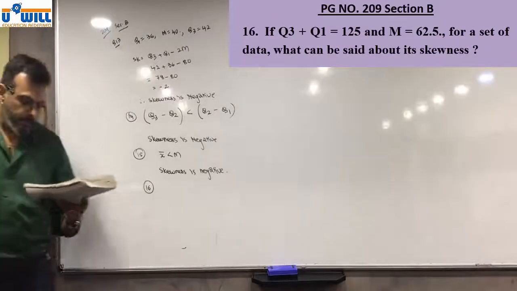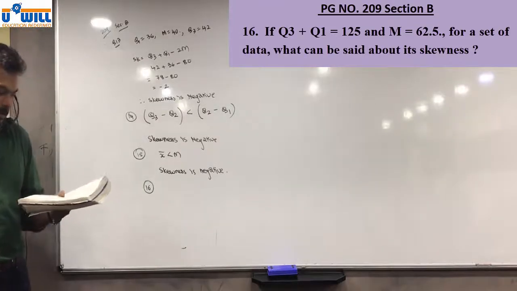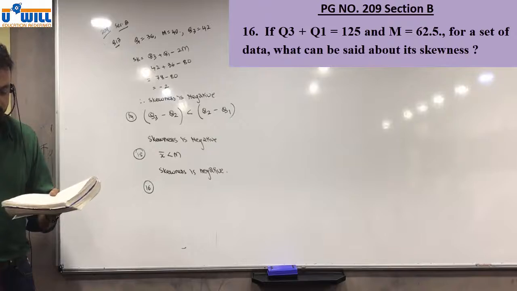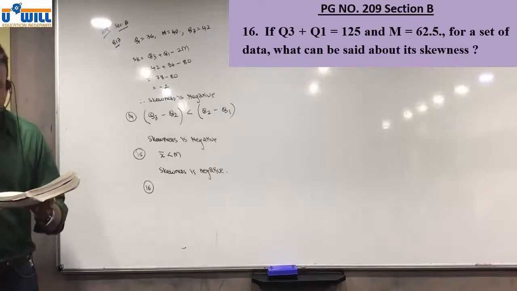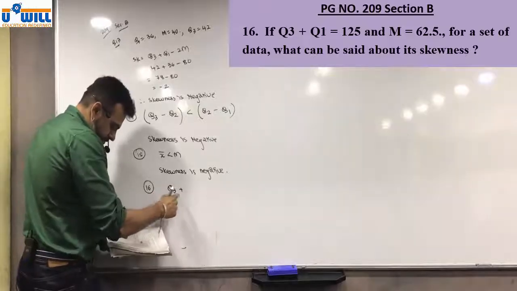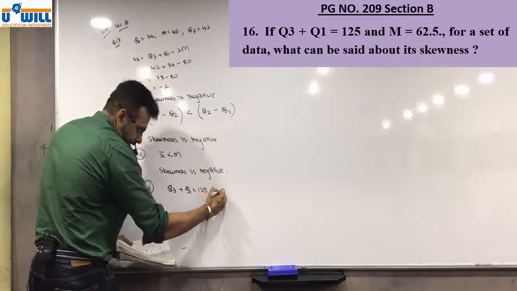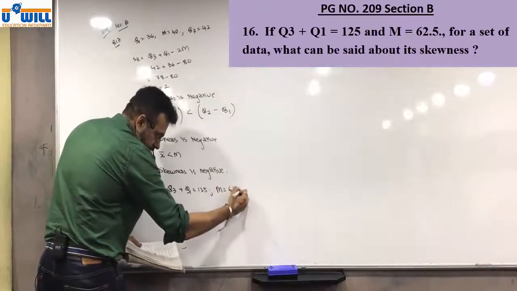16th. Q3 plus Q1 is equal to 125 and m is equal to 62.5. What can be said about its skewness? Write the question. Q3 plus Q1 is equal to 125, m is equal to 62.5.